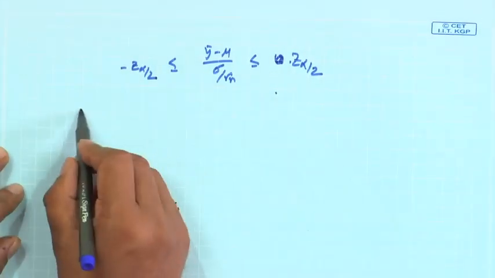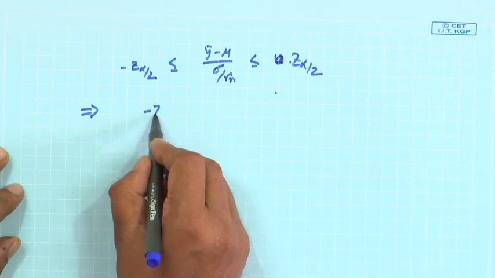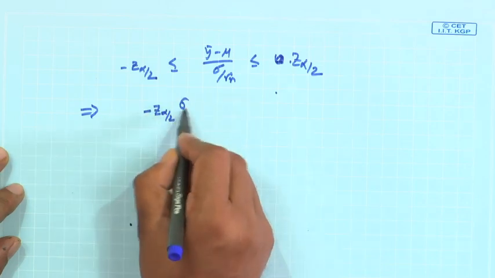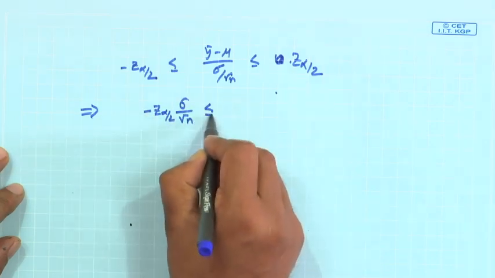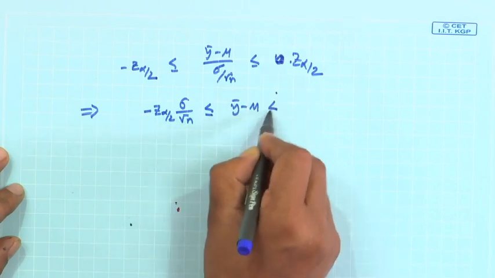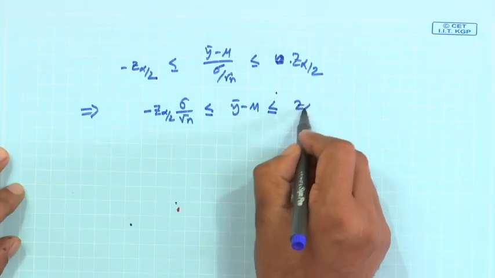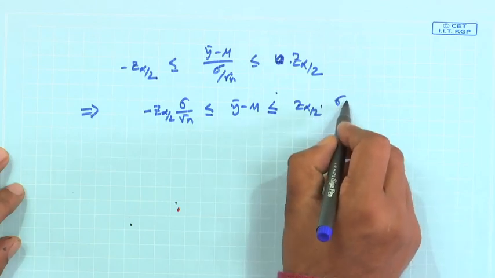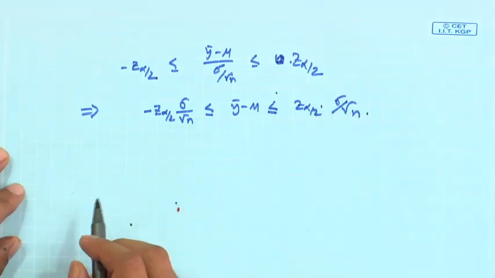Now you manipulate, and what will happen? This will be minus z alpha by 2 times sigma by root n, less than or equal to y bar minus mu, less than or equal to z alpha by 2 times sigma by root n.